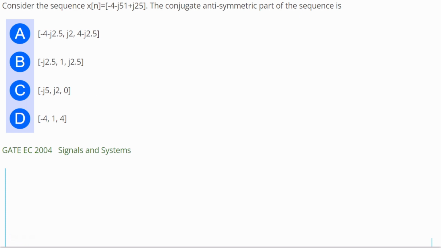The next question says to consider the sequence x[n]. You have to find the conjugate anti-symmetric part of the sequence. So what is a conjugate and how do we calculate the conjugate anti-symmetric part? The conjugate anti-symmetric part is given by x[n] minus x conjugate of minus n, divided by 2.